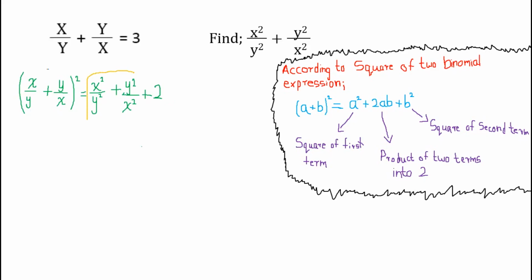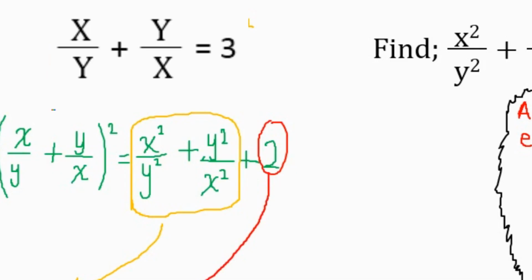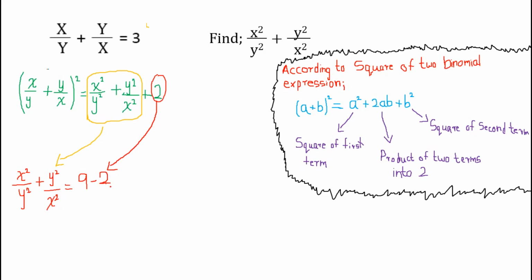So when we subtract that value from our simplifications, we get x squared divided by y squared plus y squared divided by x squared equals 9 minus 2. Since the square of the first equation on the right hand side gives 9 and the 2 goes to the opposite side with the opposite sign, therefore the final answer will be 7.